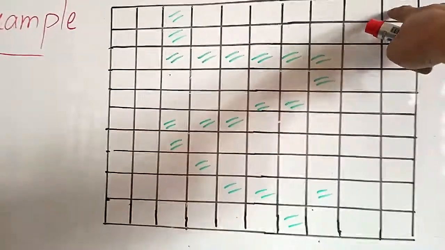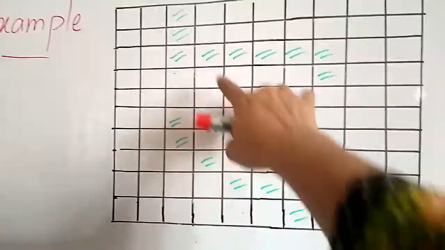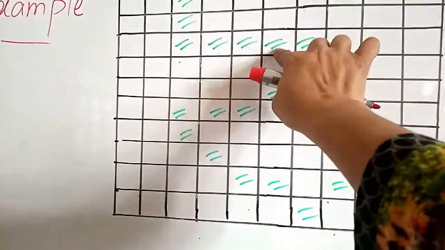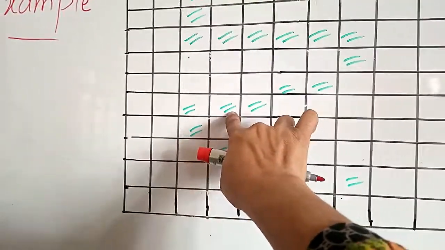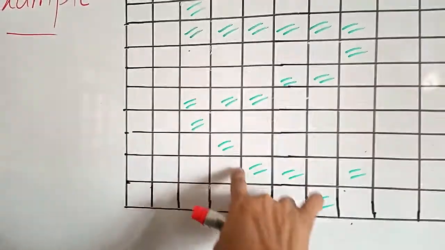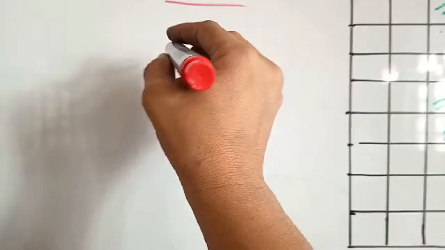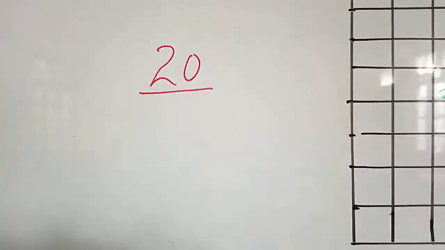Suppose we are having 100 blocks, out of these 100 blocks, the colored ones are 1, 2, 3, up to 20. First of all, we will write this in fraction form.